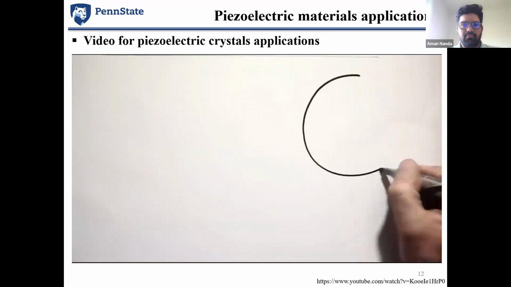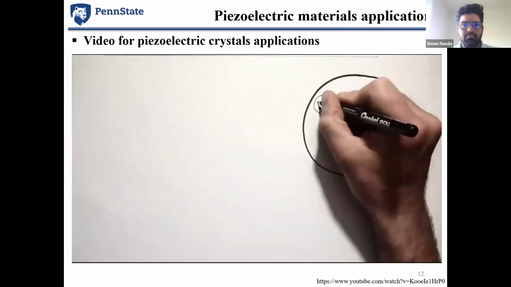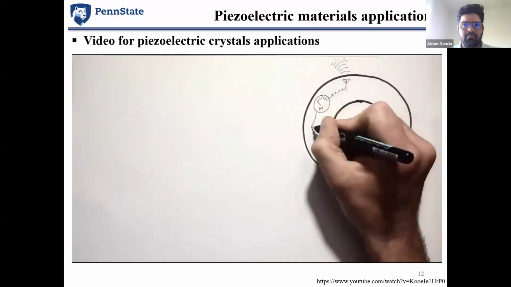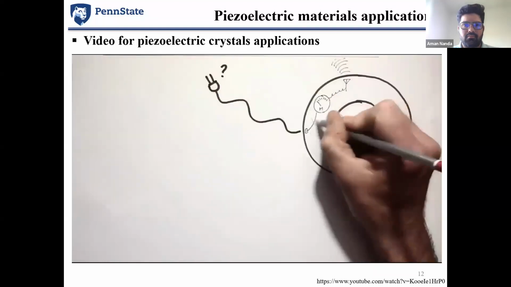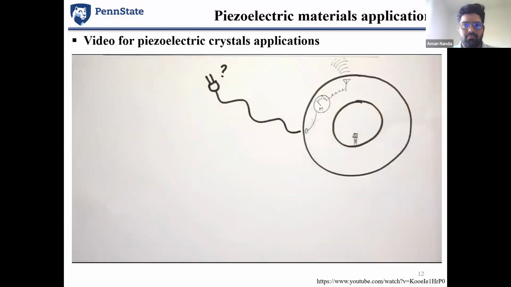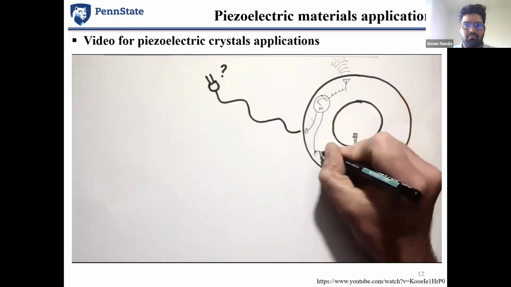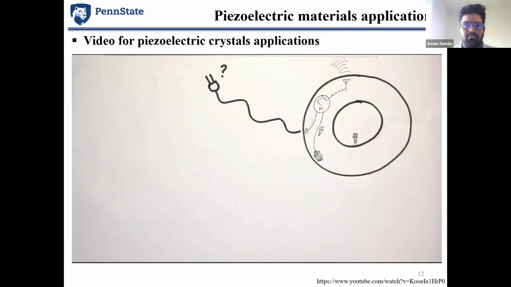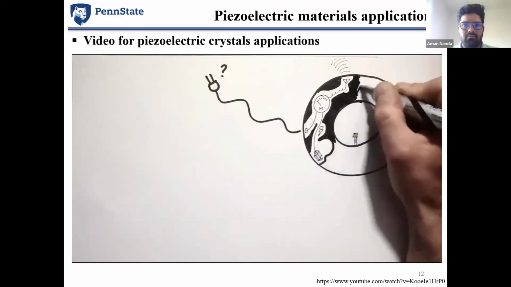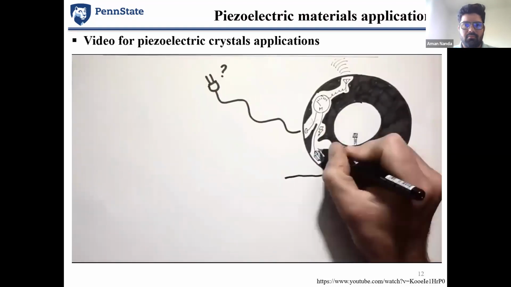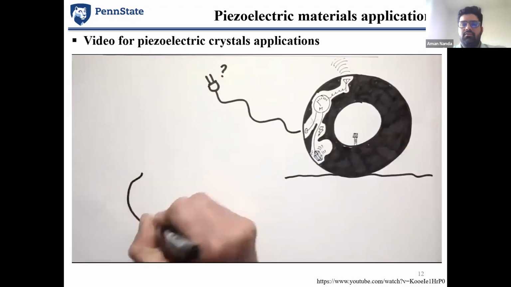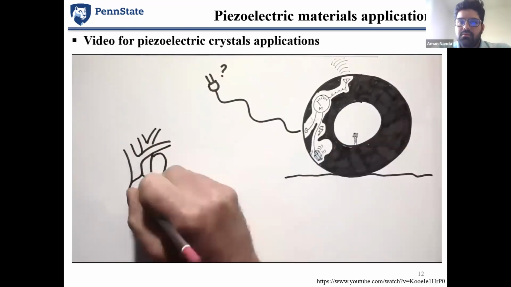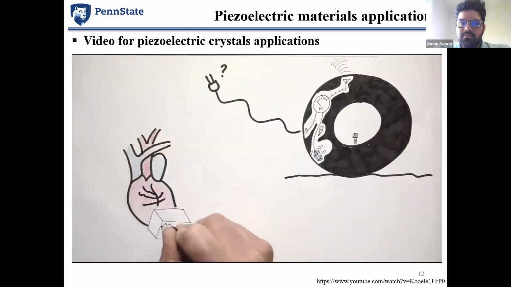A bit more useful would be using the crystals to generate energy in spots where it's not so easy to use an extension cord. Within a car tire, for example, where a tiny sensor measures the air pressure. Using a piezoelectric crystal, you could use the tire's vibrations to power this sensor. Or maybe you could use piezo crystals to power a pacemaker, making use of the thumping of the heart itself.